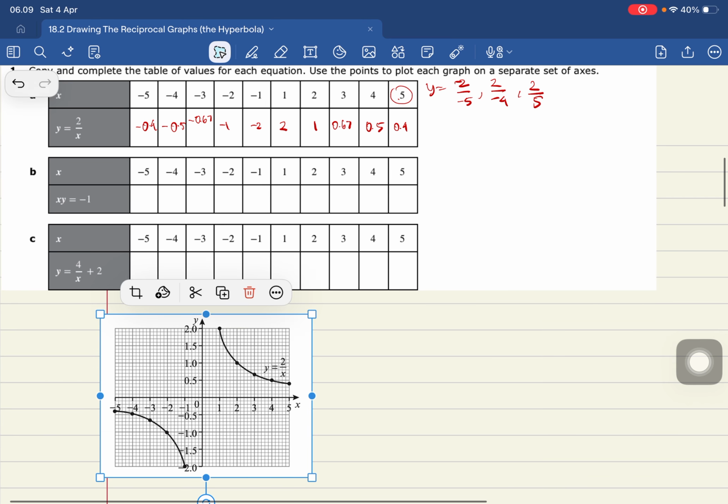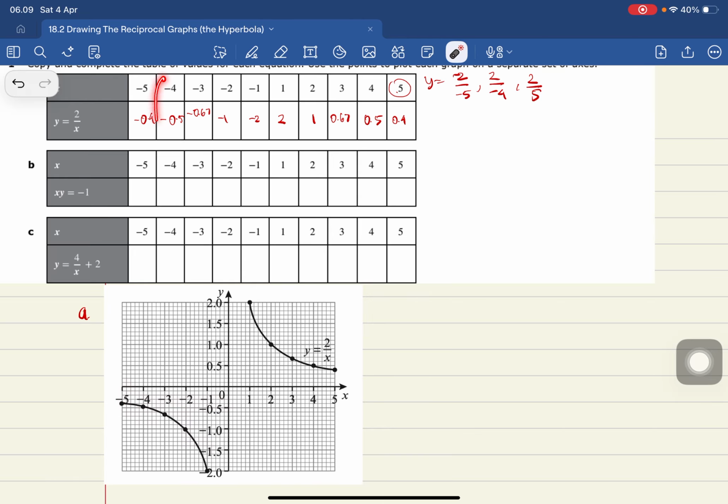Let us take a look at each point. So when x equals negative 5, y is going to be negative 0.4, and when x equals negative 4, y is negative 0.5. First we just plot each point based on the points we got from here.